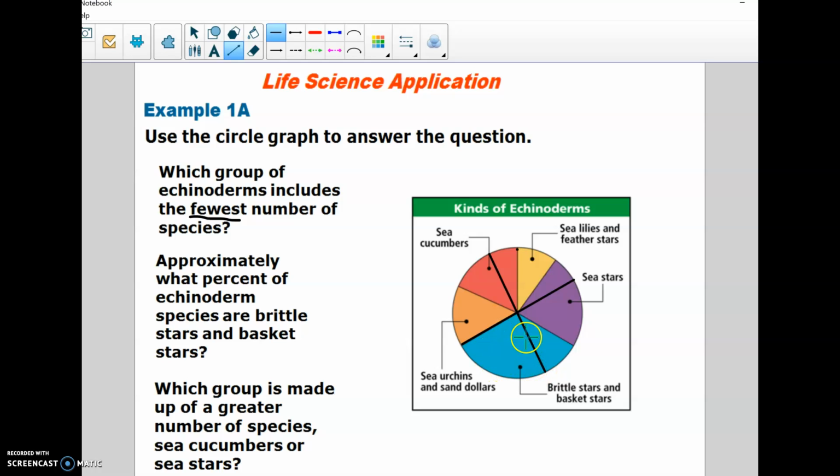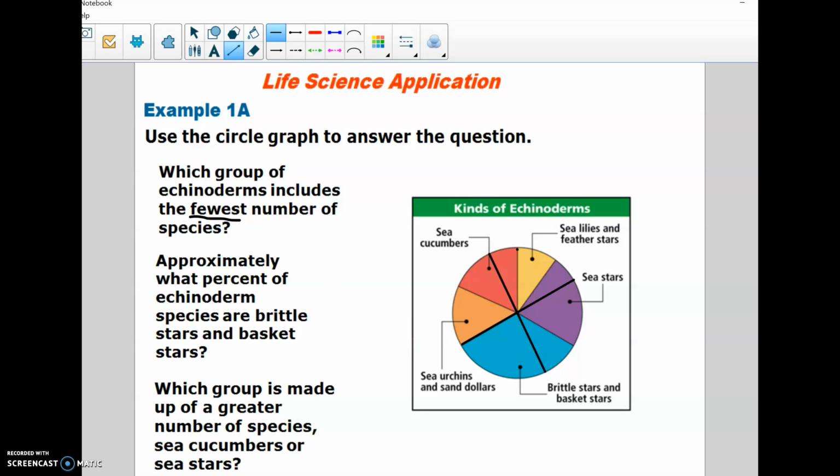So this right here would be 25%, but obviously it's a little bit more. This looks like it's about a third, and a third is about 33%. So we would say it's about 33%.